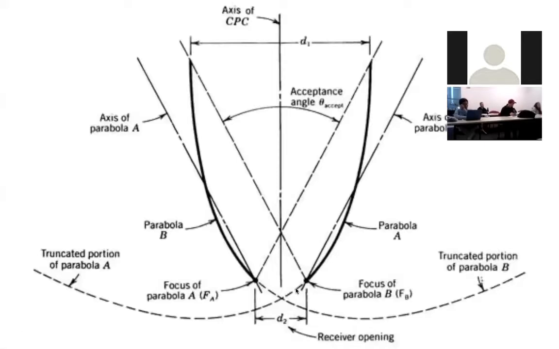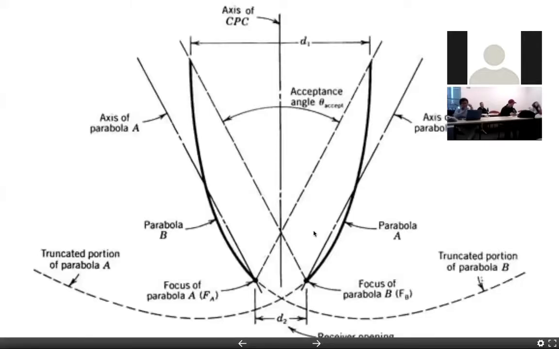Now we have to define a few parameters here. First of all, this D1 is the entrance aperture of the CPC. This vertical line here is the axis of the CPC. This D2 is the exit aperture of the CPC, or the size of the receiver or the solar cell.